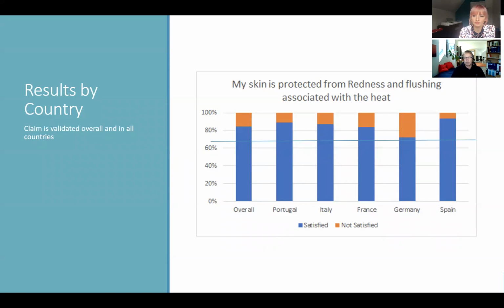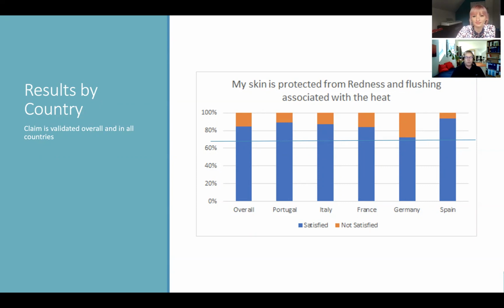Germany is just a little bit above the border of 66%, so not that much. But it might have to do with the Germans being a bit more skeptic, or with heat not being so prevalent in Germany as it is in Spain and Portugal. I don't know at what time of the year the test was done, but it might certainly have to do with that.